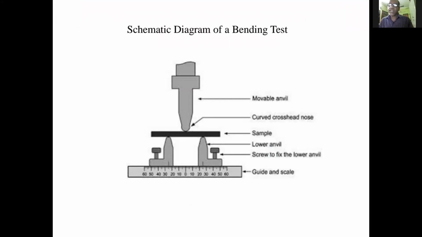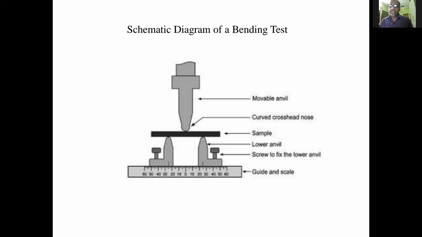Now the next test procedure is about the bending stress. In the schematic diagram of the bending test, a sample job is flattened and shown as a simply supported beam, over which a movable anvil or a curved crosshead nose applies a point load at the middle.